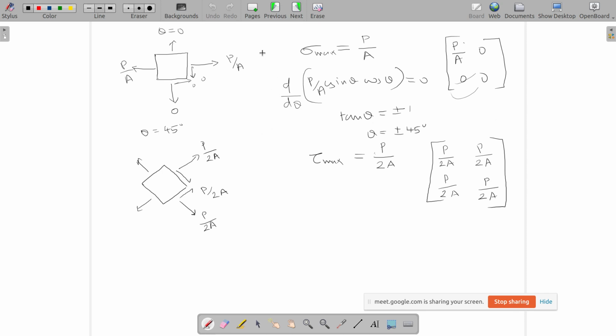In the first case, when theta is equal to 0, this was our coordinate, and when theta is equal to 45, this is our coordinate. And when the coordinate rotates, the value of the stress tensor changes.